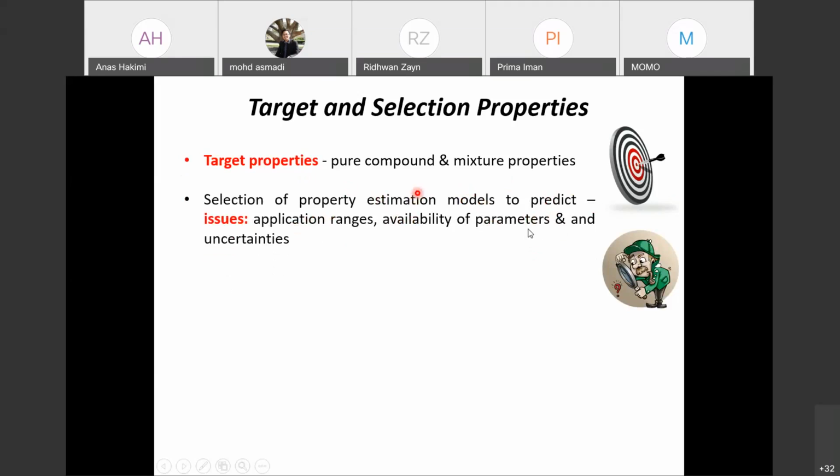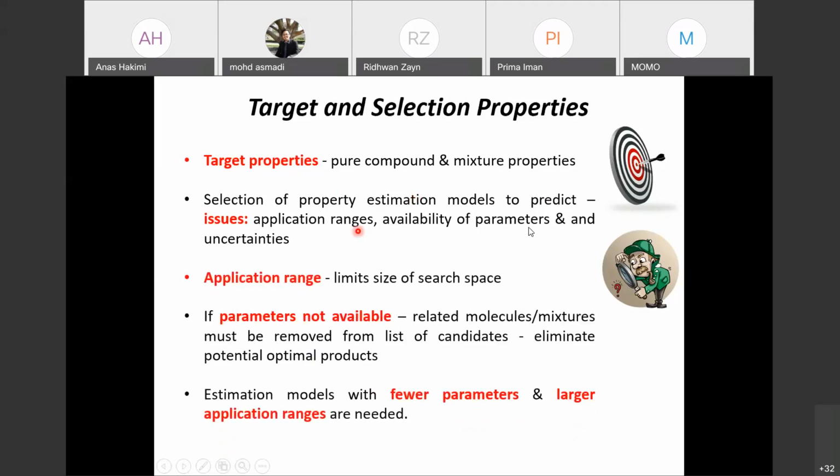Maybe the software has certain building blocks, but some parameters are not available, as well as uncertainties in the property estimation. Maybe some parameters are not good and some predictions may lead to error. This is what we call uncertainty, or maybe the range is too big. So that leads to uncertainty.